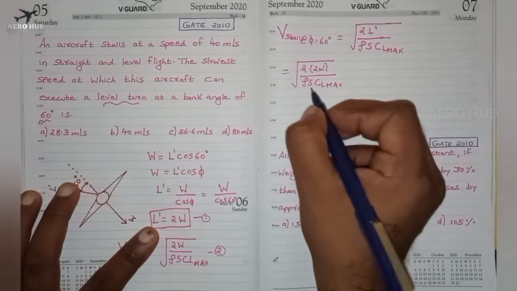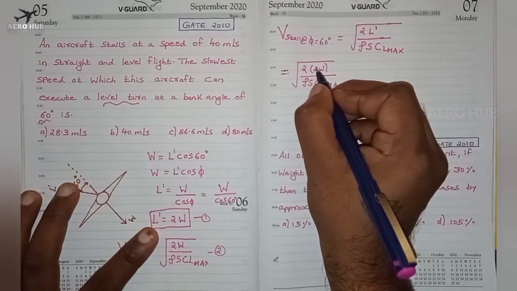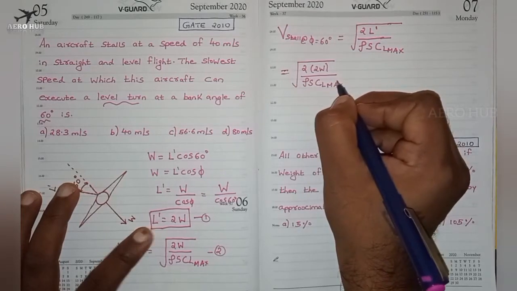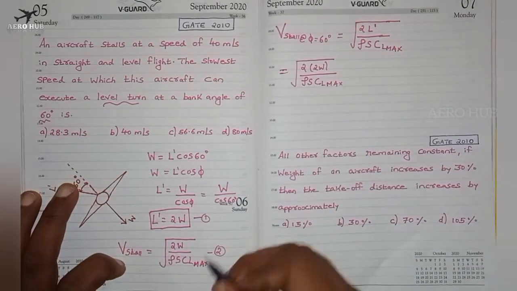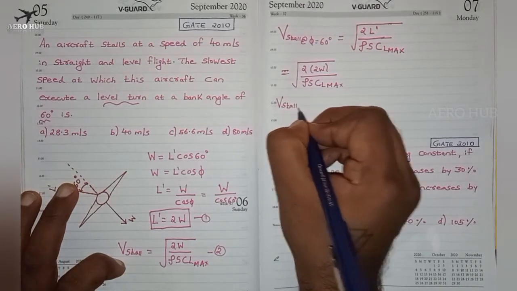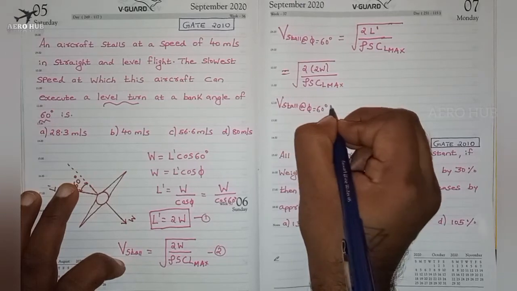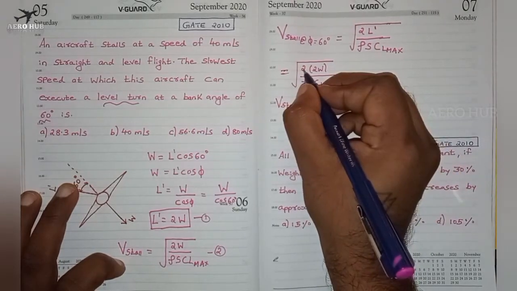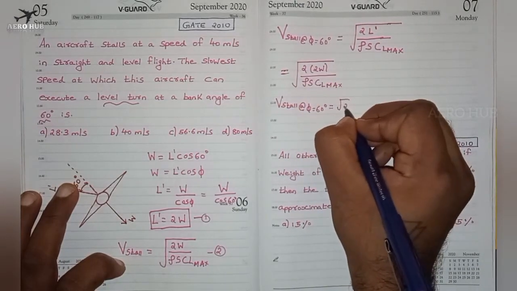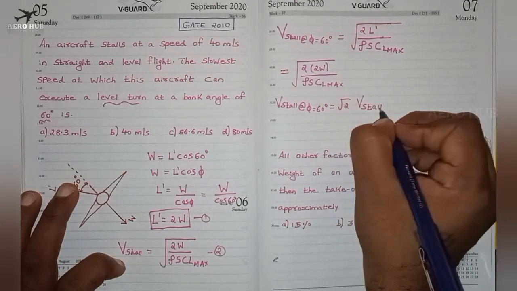Now if you observe this equation, you can see this part, 2W by rho S CL max, is the V stall. So finally I can write V stall at 60 degree bank angle is equal to root 2 into the stall velocity at level flight.